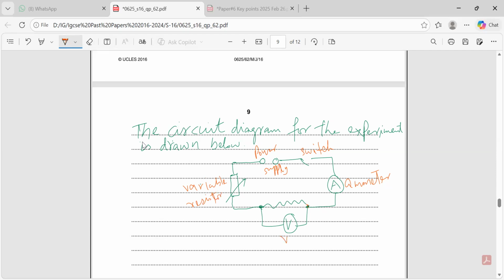Then this is the voltmeter. Then this is the length of metal wire, like this. Better to label every point, okay?